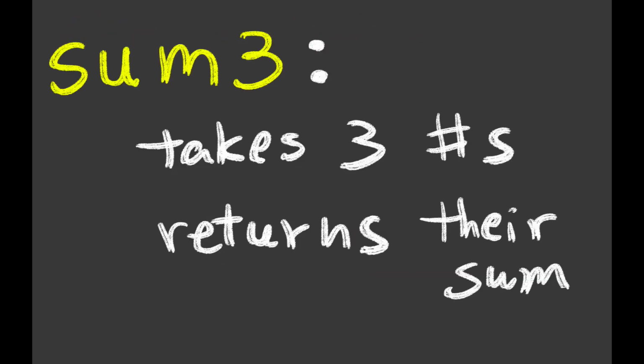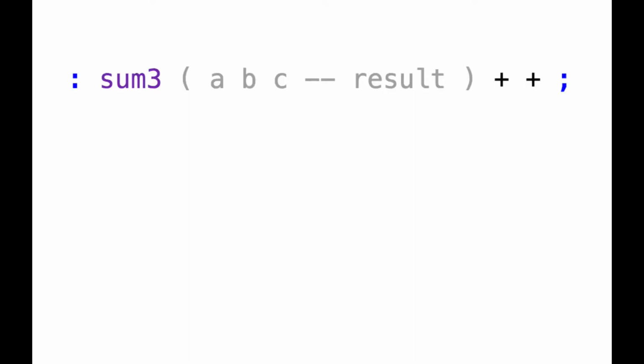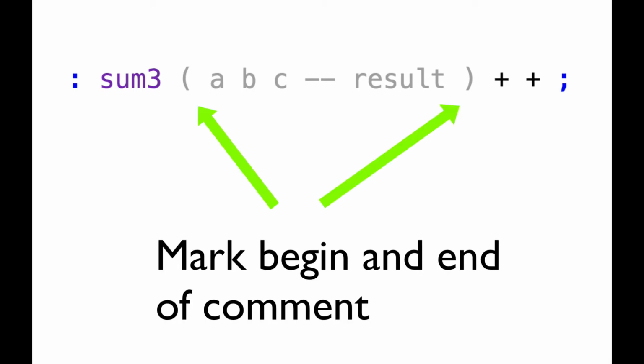It is often helpful for users of your subroutines to document what values your subroutine takes from the stack and what values it puts back to the stack. In other words, its inputs and outputs. In Forth, there is a convention of using the following notation. Parentheses in Forth are ignored by the interpreter and considered a comment, so this notation is more for humans than it is for the machine.